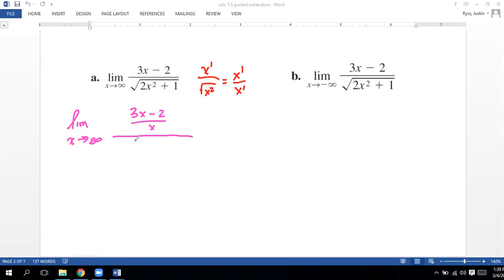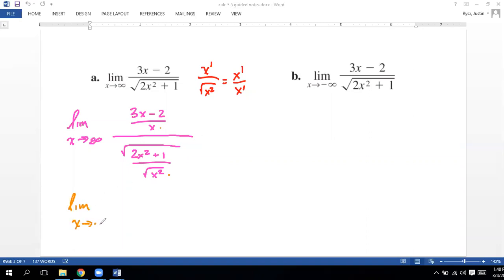And then on the bottom, we're going to divide the radical 2x squared plus 1 by radical x squared, because technically dividing by x is the same thing as dividing by radical x squared. Okay, so what does that do to our equation?